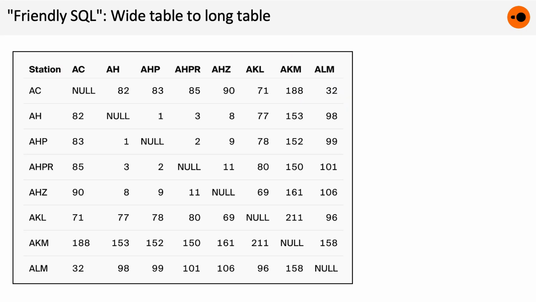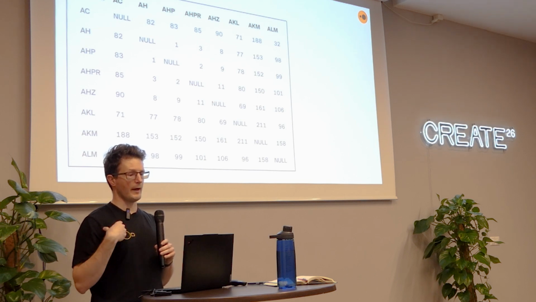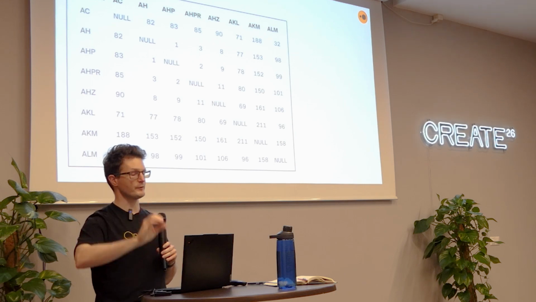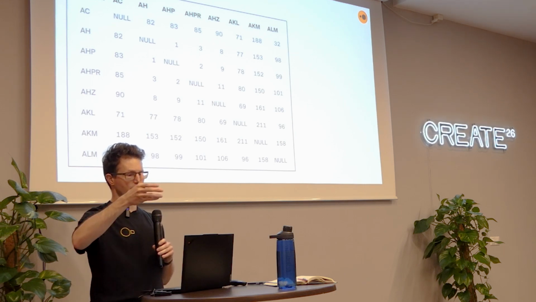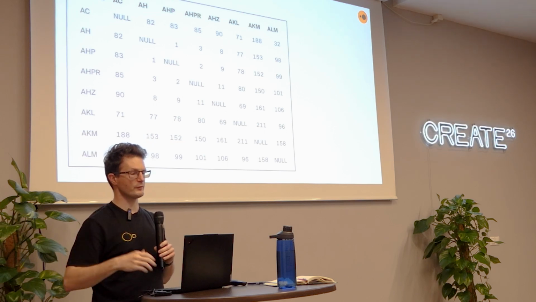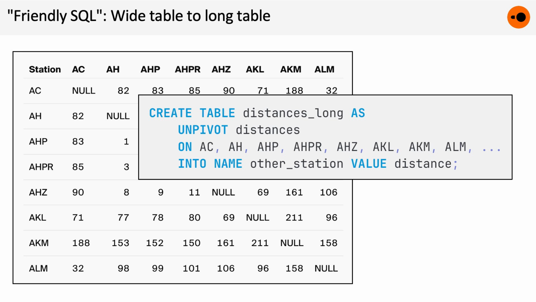DuckDB also has something called friendly SQL. So DuckDB speaks a dialect based on PostgreSQL, and that's actually something that helped us a lot with integrating with other tools. But of course, Postgres is not perfect, and if you have something like this, which is a matrix of the train station differences in the Netherlands, and you would try to turn it from a wide table into a long table, which is very popular and common in data science operations, you would need to write something like UNPIVOT ON and then list all the train stations, 400 or so.